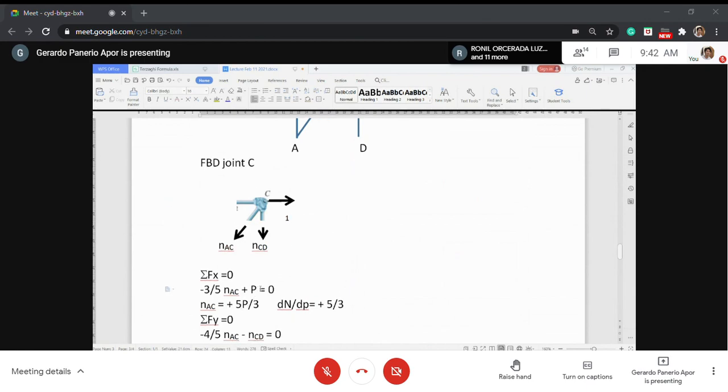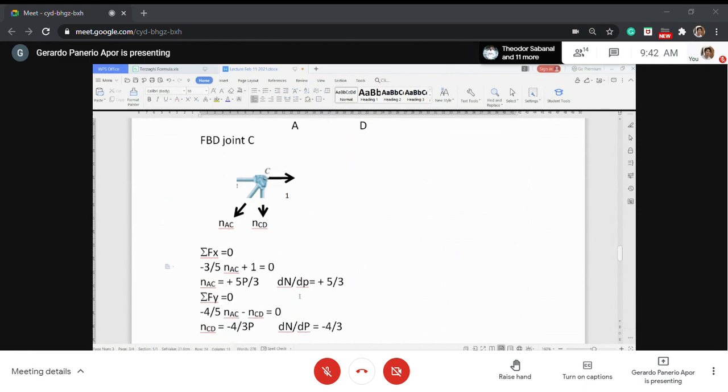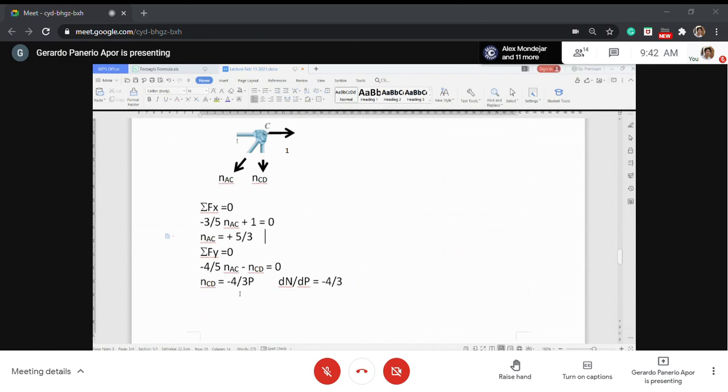This is 1. n_EC is 5/3. Okay, we do not need this. We do not need that. Okay. Summation of forces Y, we have that one. n_CB is negative 4/3. Wala na na. So we do not need this.